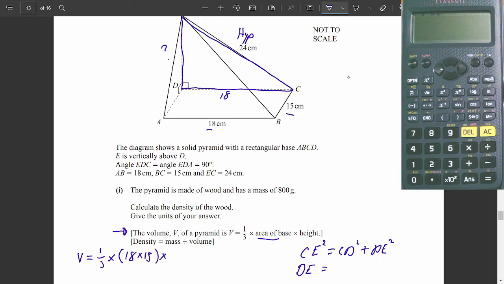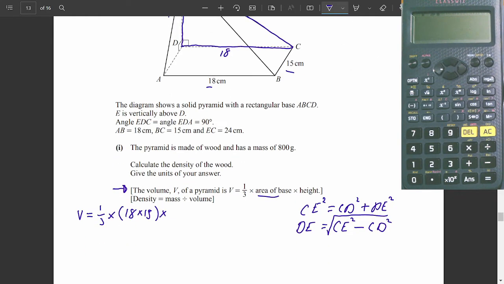So that would be the square root of CE squared minus CD squared. We put the square root over there to save ourselves some time. Now we just need to hammer in the numbers. CE was given to us, that's 24 squared. And CD is 18 squared.